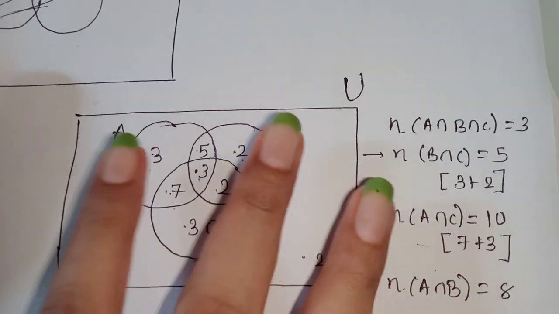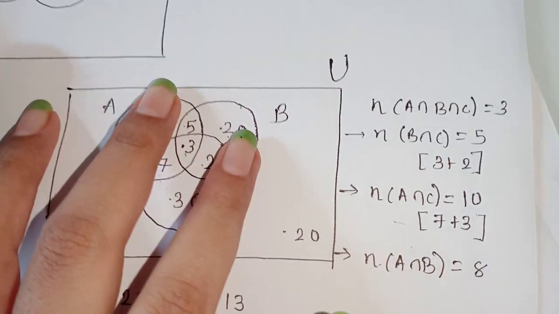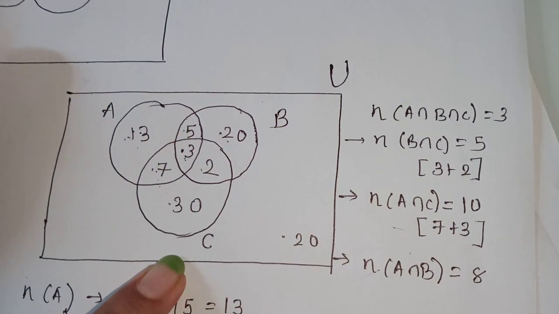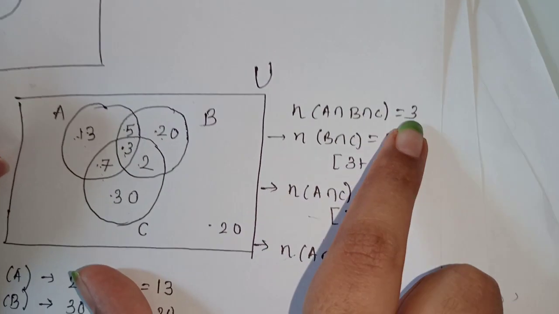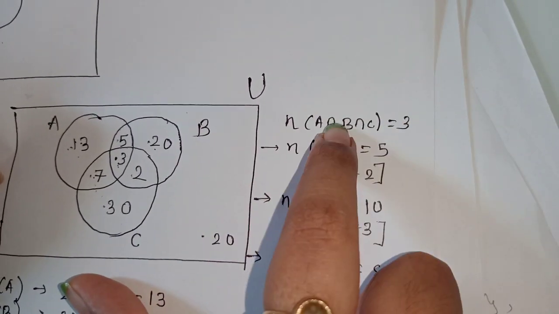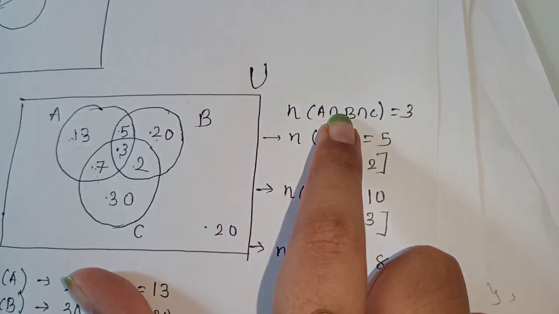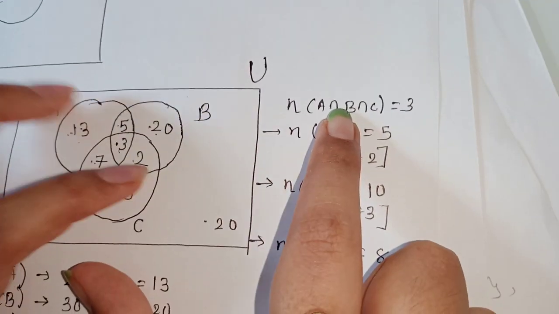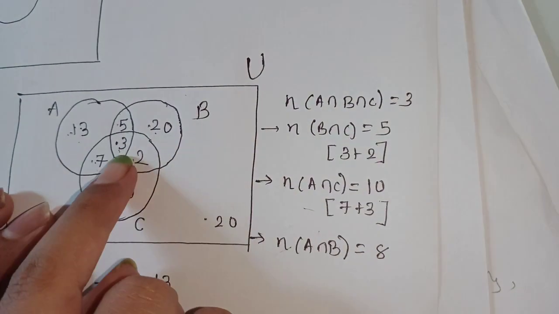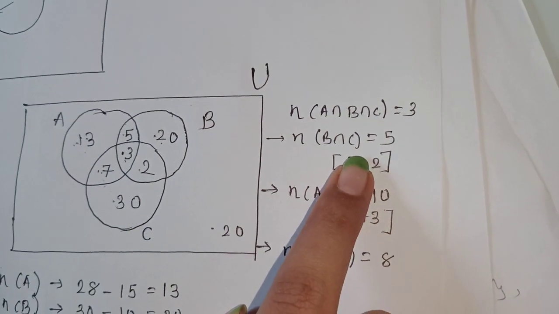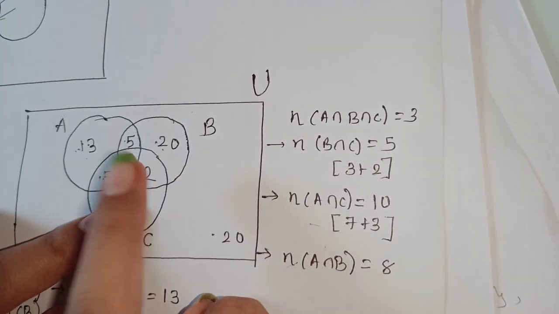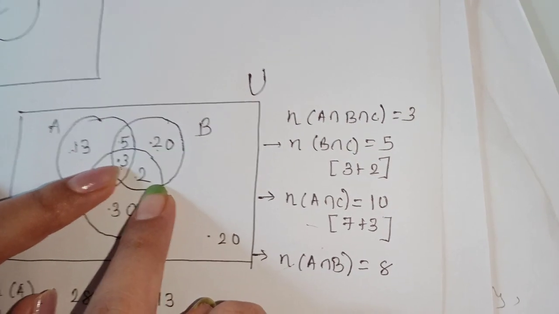So over here, first of all, I am taking the universal set. This is set A, B and C. Now I am writing number of A intersection B intersection C. This means the smallest common part of these three sets, that is 3. So I will write 3 over here. Then B intersection C. This is the area of B intersection C, but 3 I have used here.